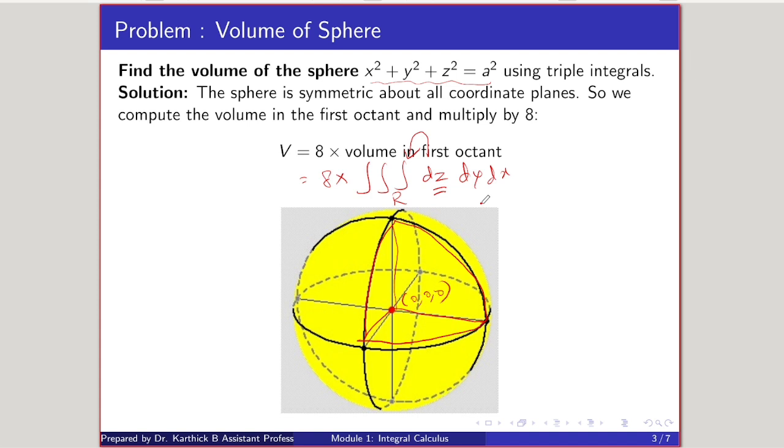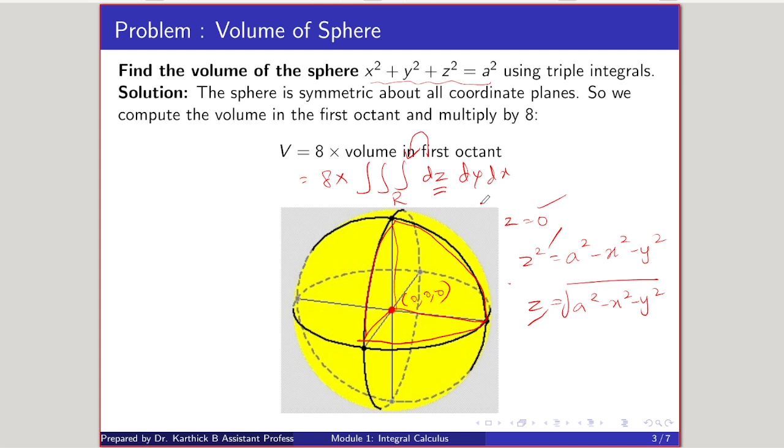So every variable starts at the origin 0, 0, 0, so every lower limit will be 0. First, take the given equation and compute the z value. So z square equals a square minus x square minus y square. So z is the square root of a square minus x square minus y square. This is the upper limit of z, and 0 is the lower limit.